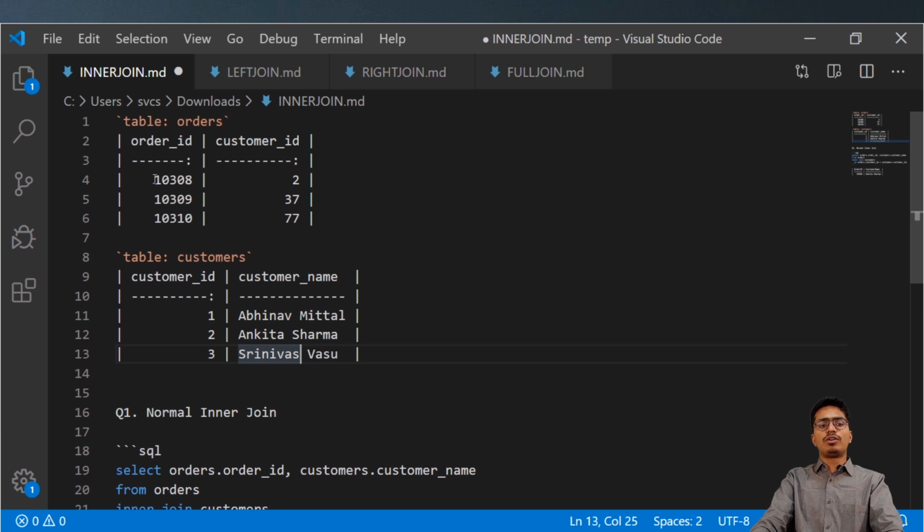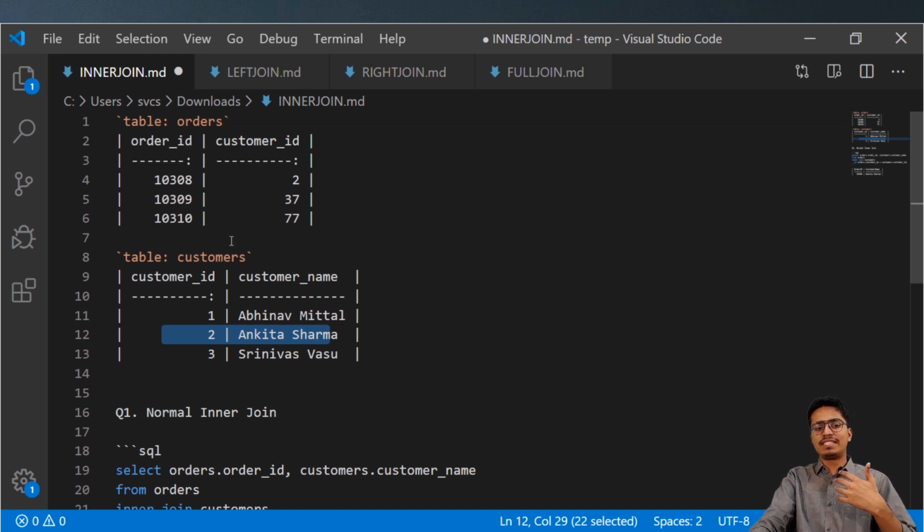So the only row that you have been able to join from the orders table is this row, and the only row in the customers table that was part of a join is this row. Except these two rows, the other rows in both the tables were not able to be joined. They were not part of a join.